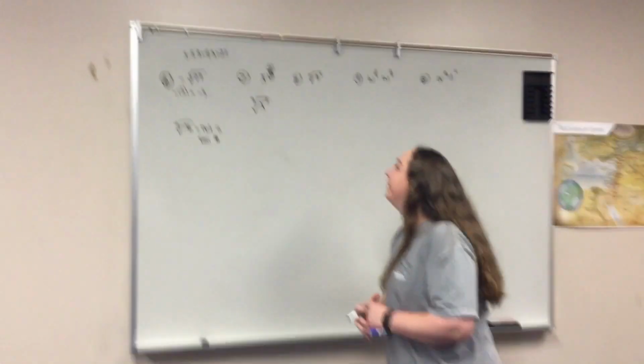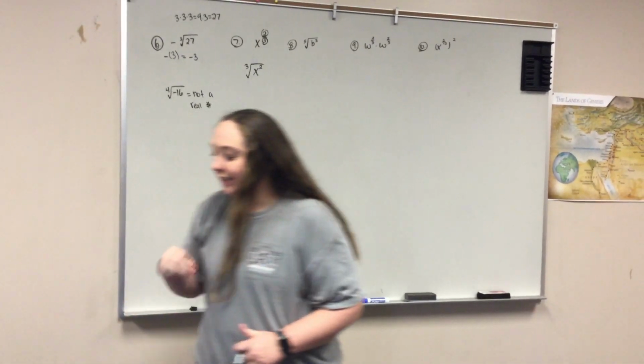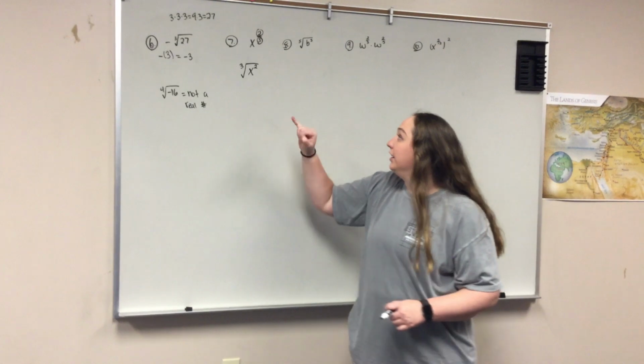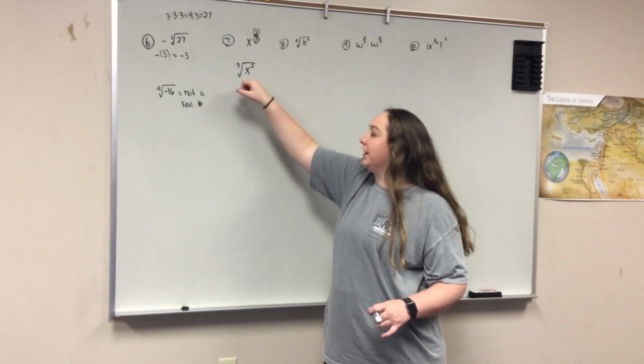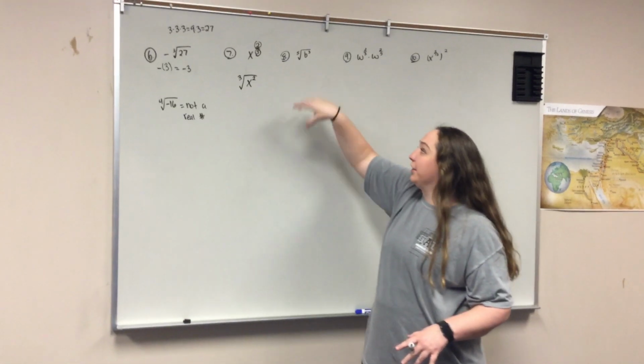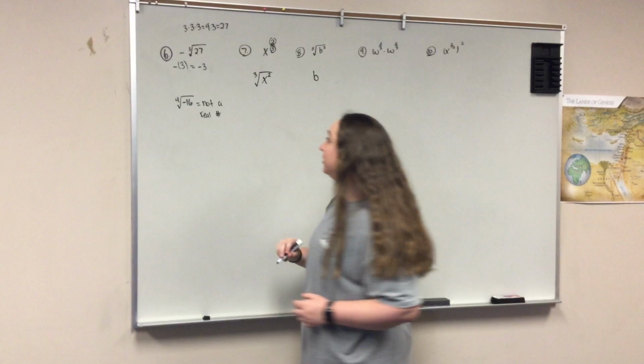Okay, so now we're going to move on to number 8. So now we have the 5th root of b cubed, and it wants us to write this one as an exponential expression. So on 7, we went from an exponential expression to a radical expression. For number 8, we're going to do the opposite. So we're going to have b as our variable.